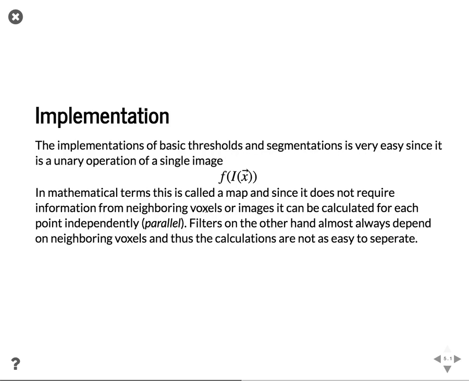Filters and morphology always depend on neighborhoods, which means they are much more difficult to parallelize. And so these tasks can be much more time consuming when you're dealing with really large image data, while a threshold is a very quick and easy task to separate.